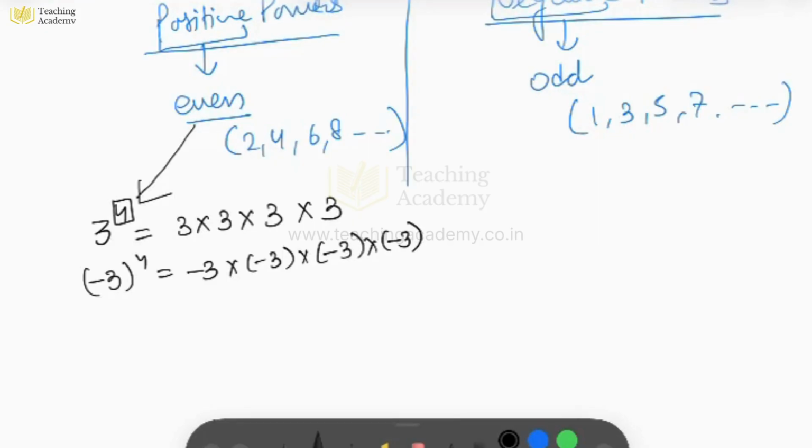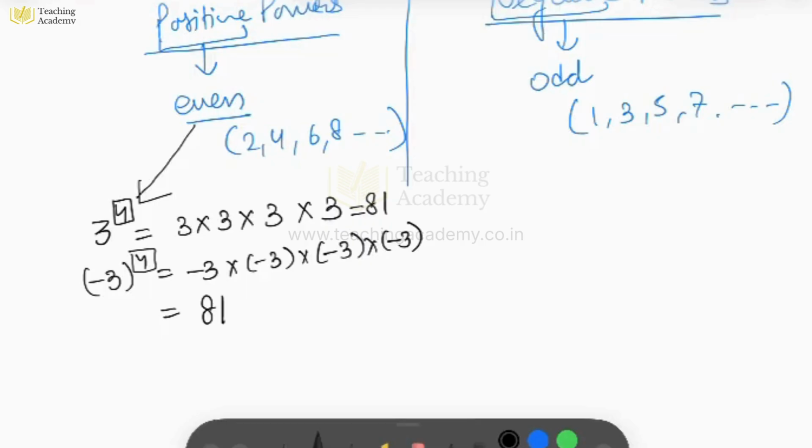The final solution is 3 times 3 is 9, 9 times 9 is 81, and it should be positive. The reason is that the negative number is occurring an even number of times, so it becomes positive: negative times negative gives positive, then positive times positive gives positive. So both solutions are the same.